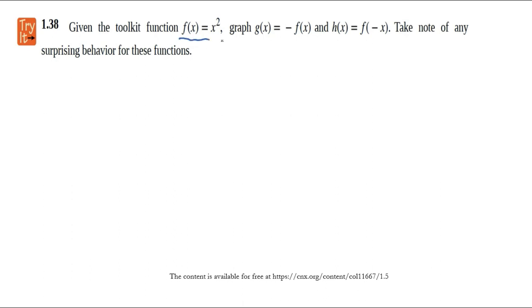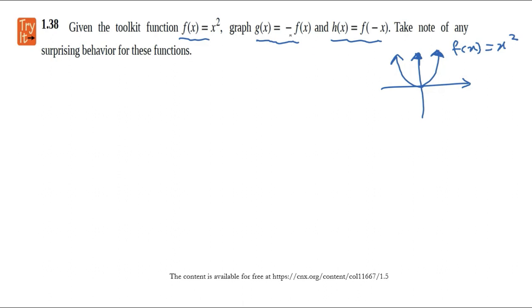Given f of x is equal to x squared, graph g of x is equal to negative f of x, and h of x is f of minus x. So we know this is f of x is equal to x squared.